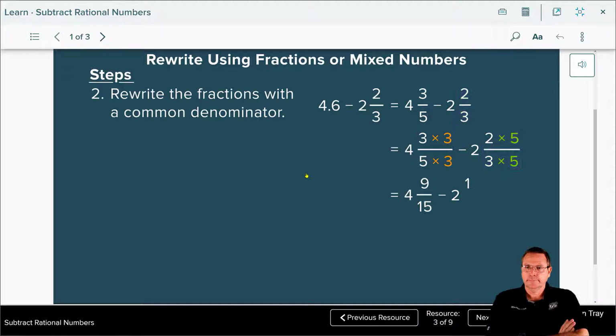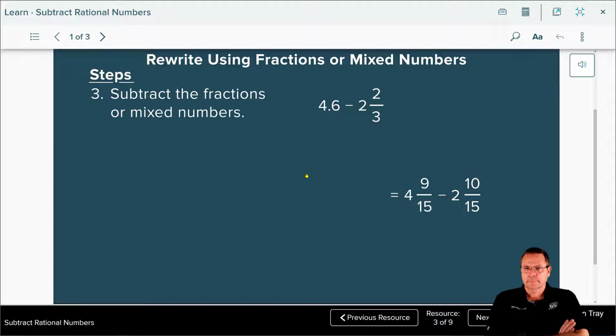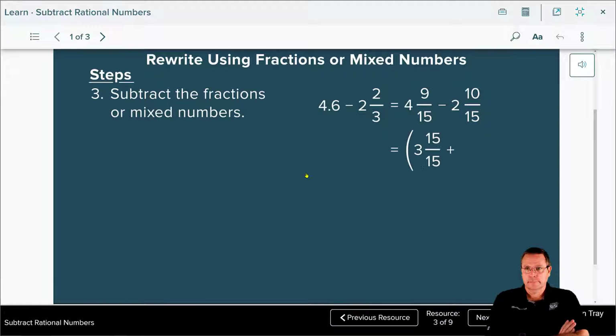To rewrite a fraction, multiply its numerator and denominator by the same number. Next, subtract the fractions or mixed numbers. Sometimes when you subtract mixed numbers, the fraction in the first mixed number is less than the fraction in the second mixed number. In this case, rename the first fraction in order to subtract.